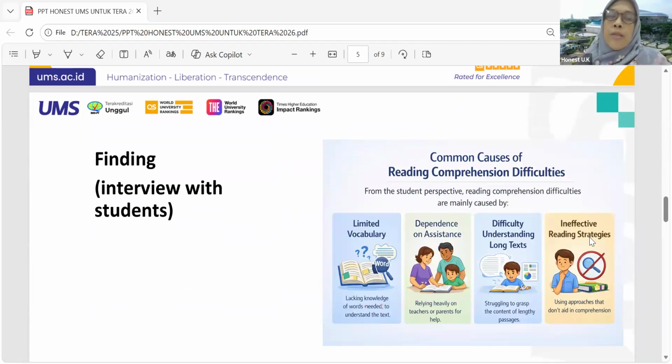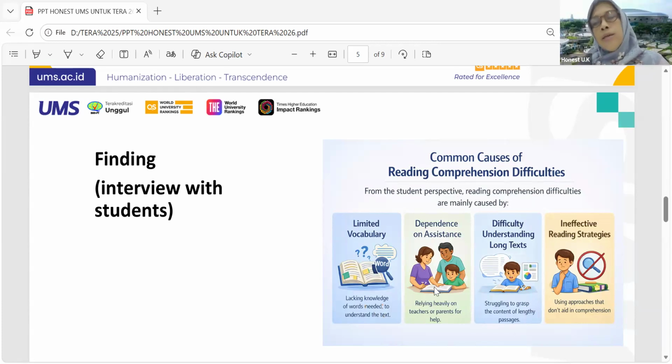Next, the findings. We categorize the findings from two aspects: the interviews with the students, and the interviews with the teachers. From the student perspective, reading comprehension difficulties are mainly caused by, first, limited vocabulary: students lack knowledge of the words needed to understand the text.